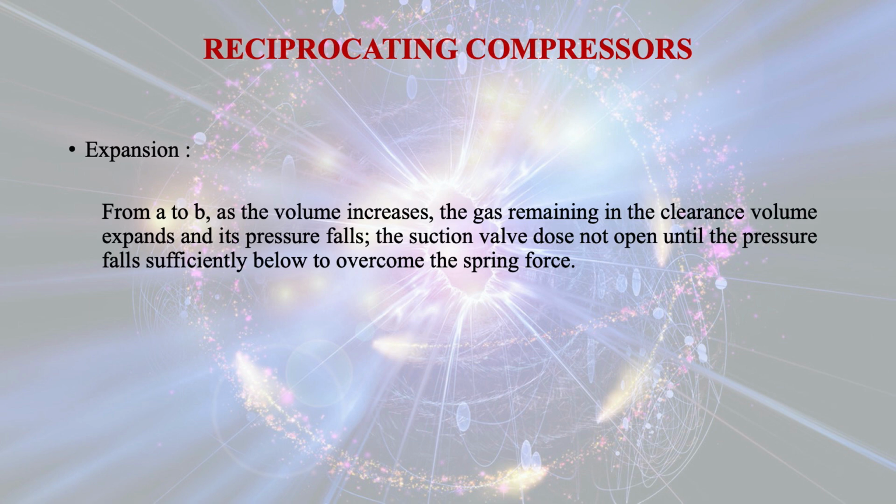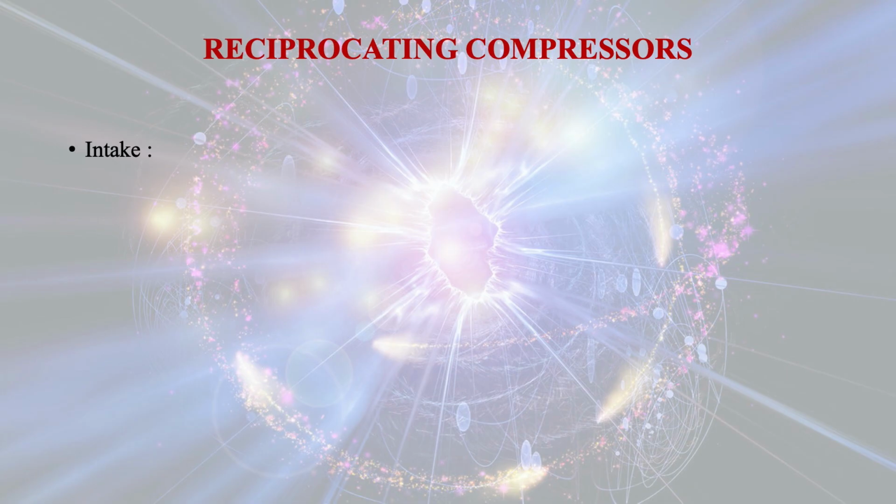Now expansion from point A to B: as the volume increases, the gas remaining in the clearance volume expands and its pressure falls. The suction valve does not open until the pressure falls sufficiently below the inlet pressure to overcome the spring force. Next one is intake, that is intake of air inside the cylinder.